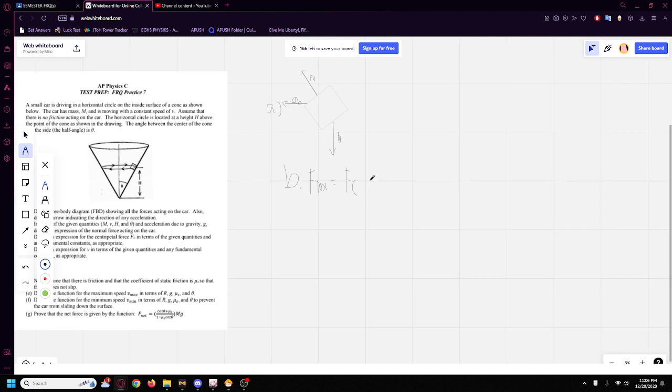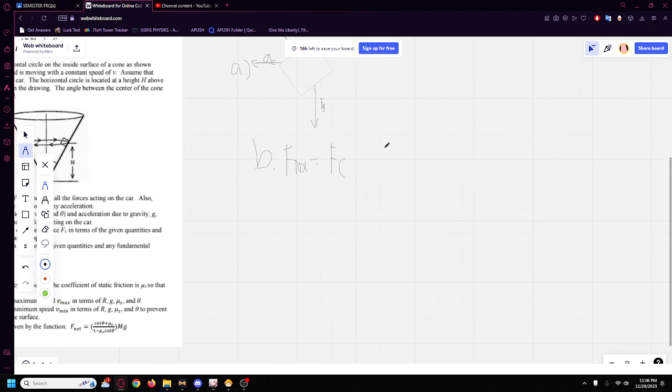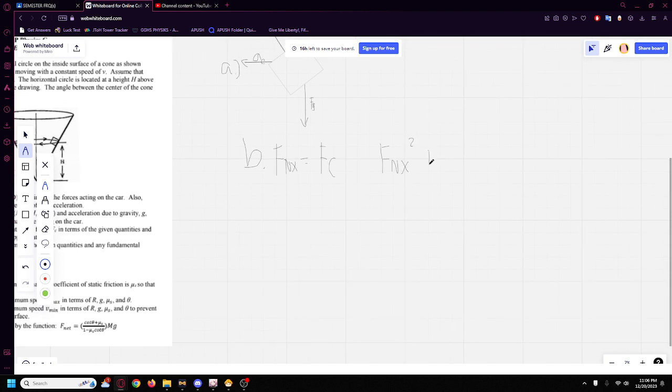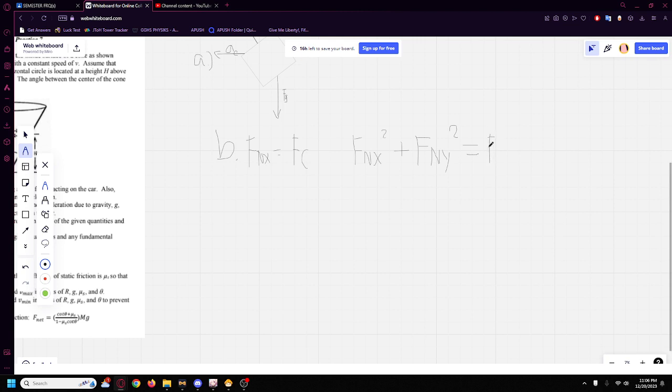We also know that F_N x squared plus F_N y squared is equal to F_N squared.